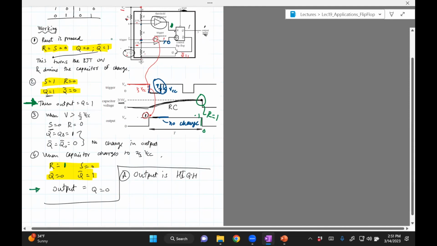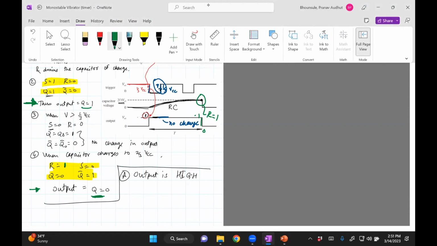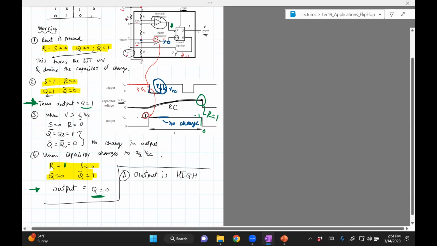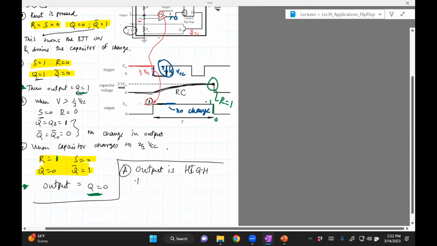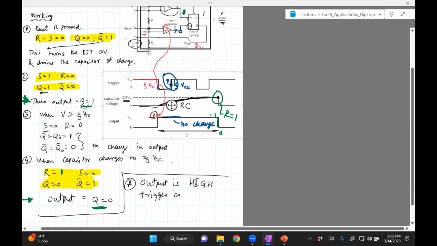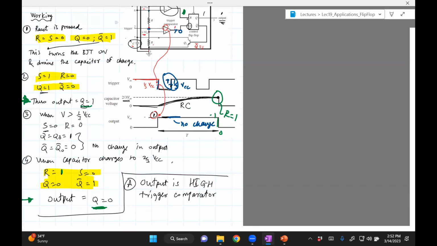And the output is 0 for this step. Right? That's what we care about. Why does that happen? This one happens because of the trigger. You can see the trigger comparator. So the trigger comparator reaches 1/3 VCC, and that triggers the output high.